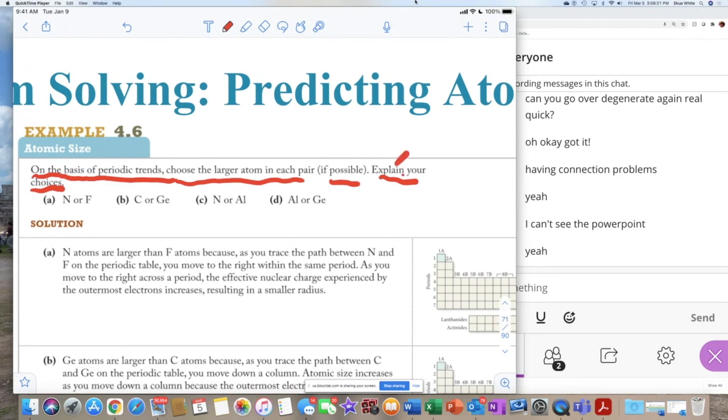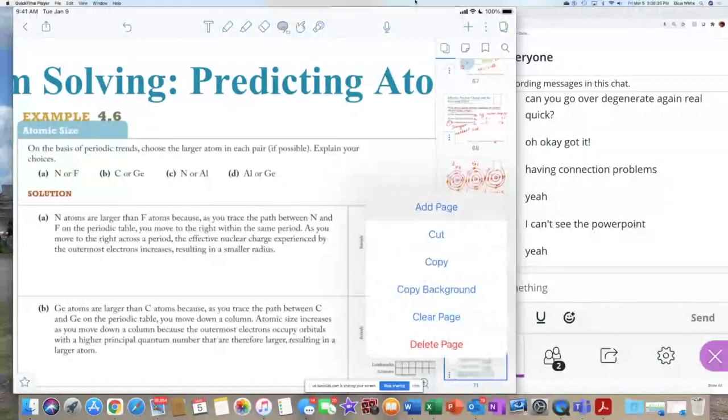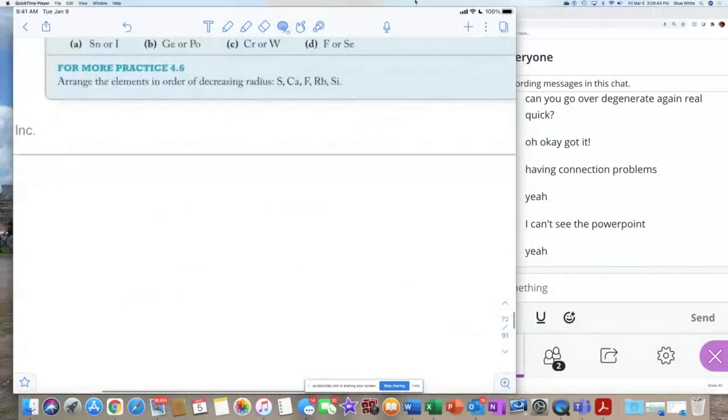So this is where, if it applies, you go into the whole effective nuclear charge, if it applies, right? So for this, I'm going to bring in a new page and then summarize this. So we're trying to pick the larger one, right? I'll copy this, add a new page, and then remember you can zoom in for this part.